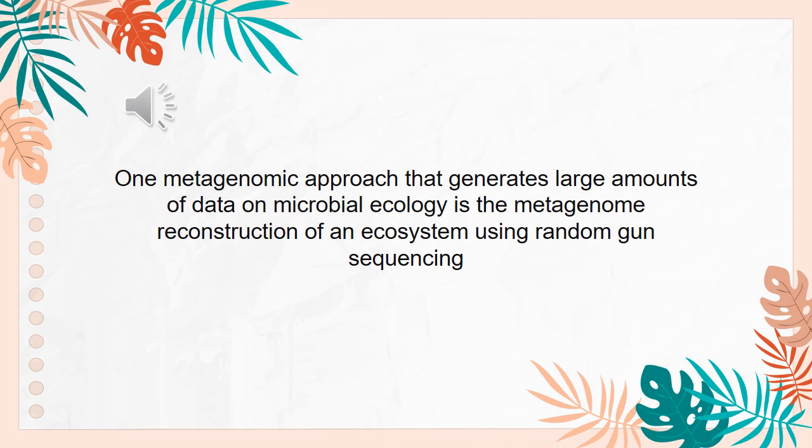One metagenomic approach that generates large amounts of data on microbial ecology is the reconstruction of the metagenome of an ecosystem using random gene sequencing. It has been used to successfully reconstruct the metagenome from low diversity acidophilic biofilms.